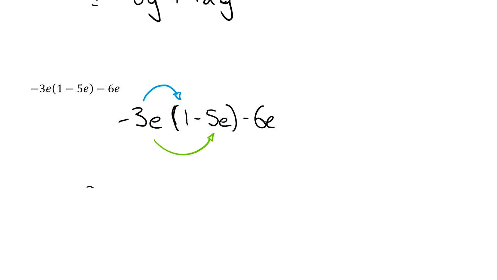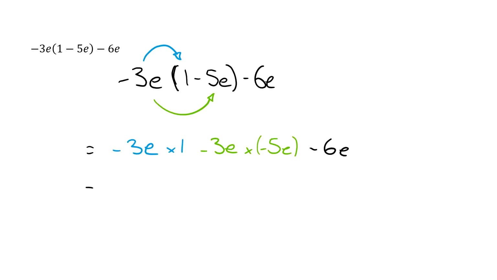Now what we need to look at here is we have negative 3e times 1. Then we have negative 3e times negative 5e. If you want, you can put those in brackets just to make it very clear. And then at the back, we still have our negative 6e. Nothing's happened with that. We're just going to leave it at the back for now.